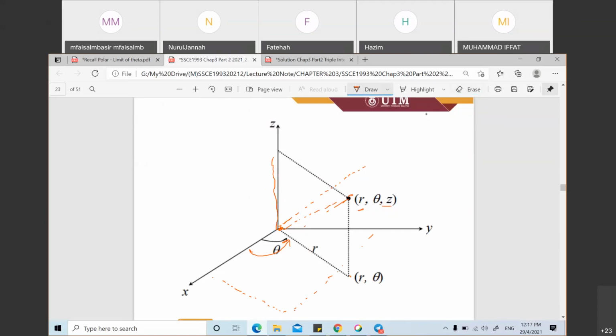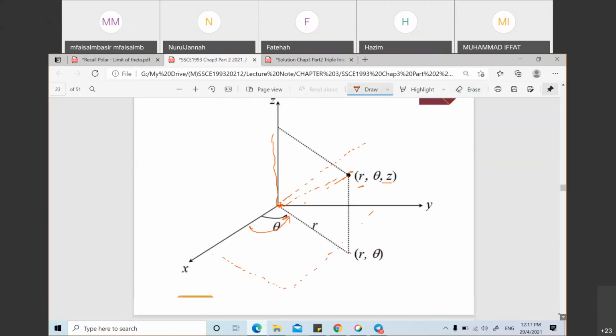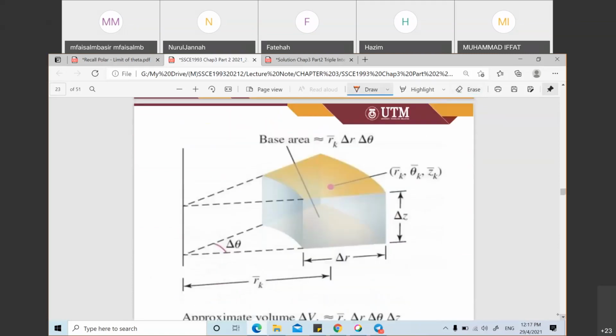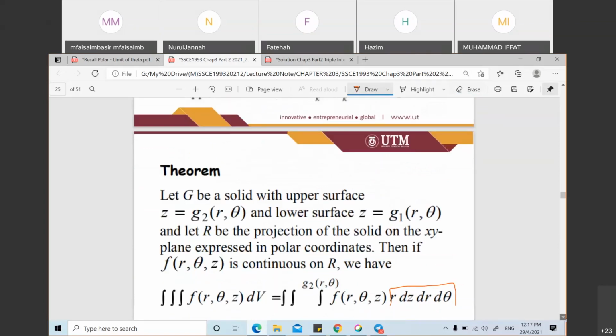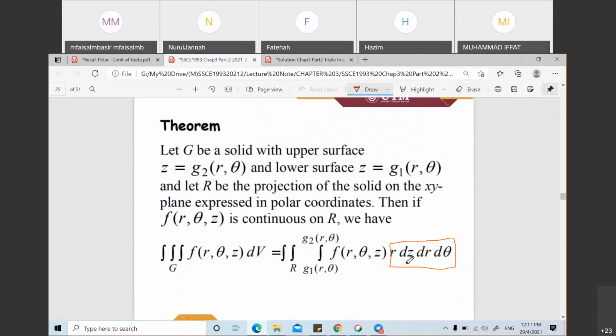So r, theta, z. So z is function of r, theta. Your r is function of theta. Theta is a constant. And fix this.